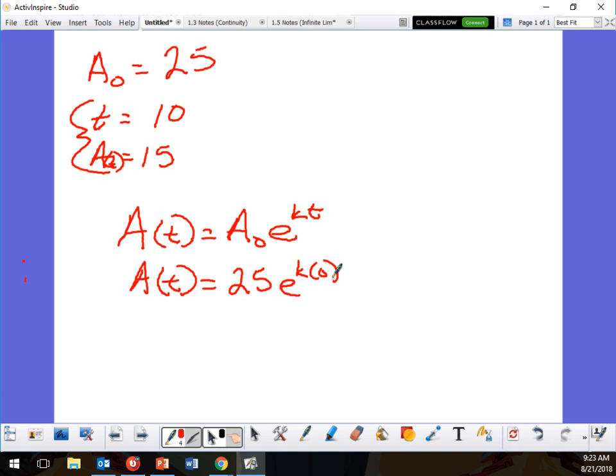So A of 0 equals 25 e to the k times 0. Now let's do the other point: A of 10 is going to equal 15, 25 e to the k times 10.